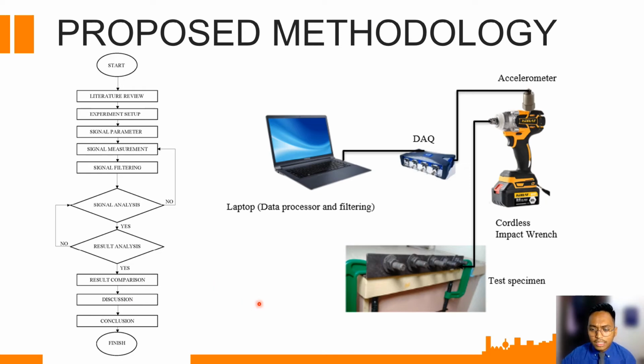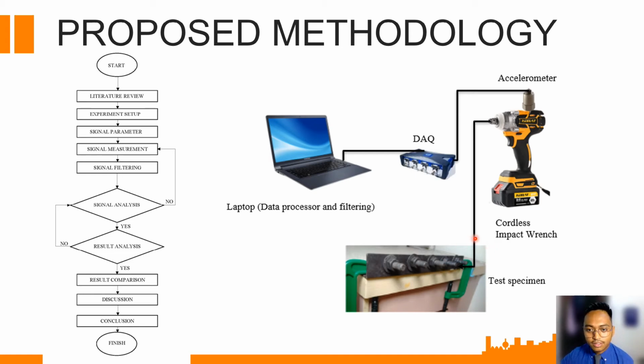For the experiment setup here, as you can see, here is the test specimen, which has a number of bolts welded to a piece of metal here. And there is a nut here. The nut will be tightened at a certain amount of torque, and the cordless impact wrench is required to loosen the nut.